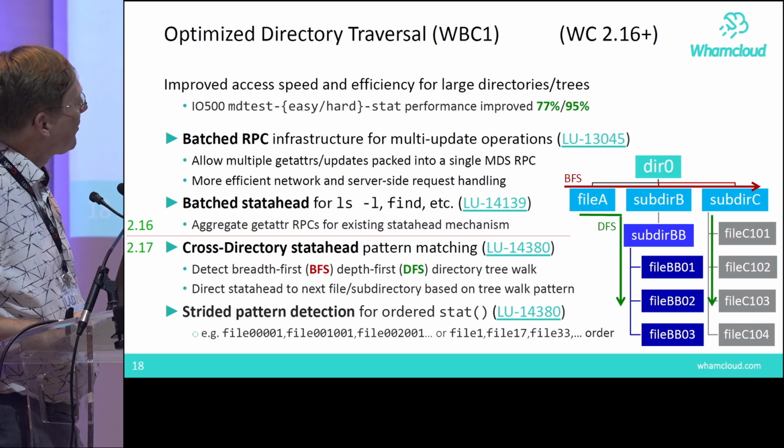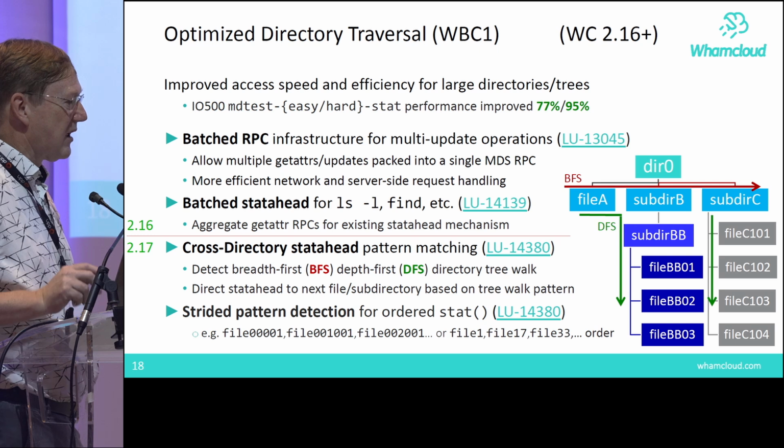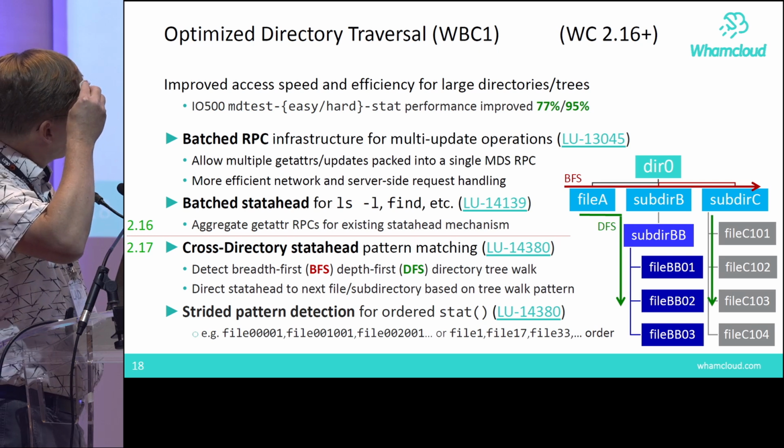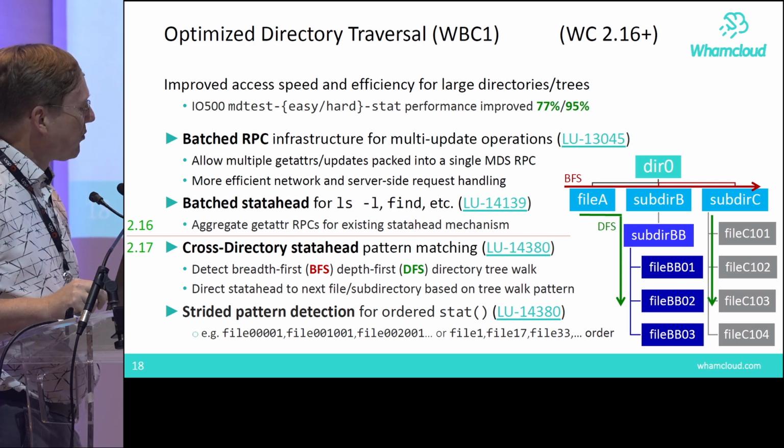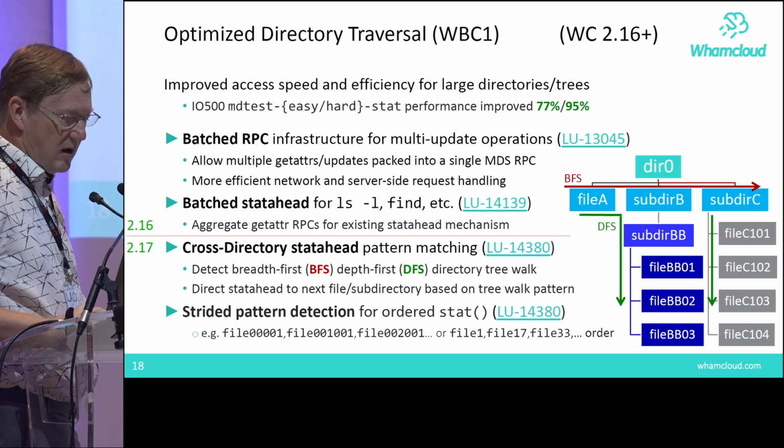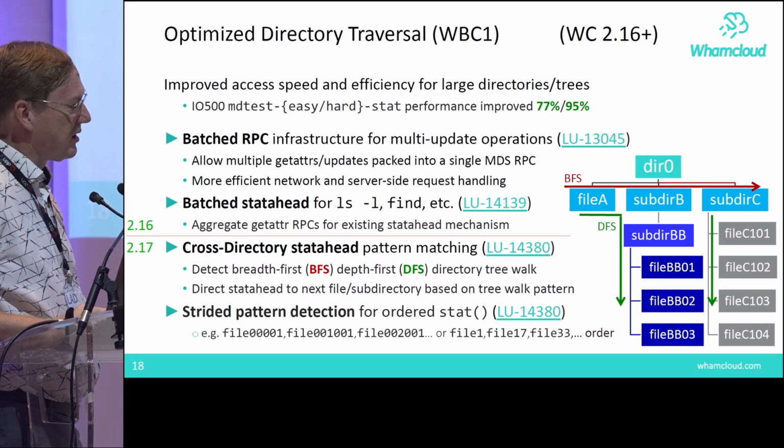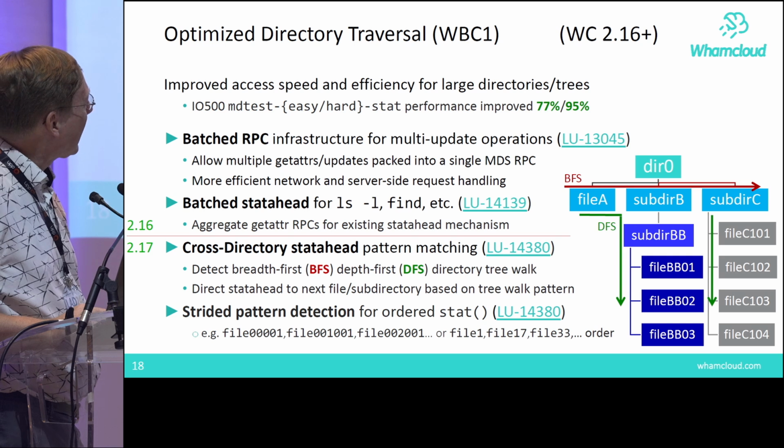In 2.16, this is one of the features Peter talked about, improved directory traversal performance. This is like batched statahead. This is really a foundational improvement for the metadata write-back cache that I will talk about next.